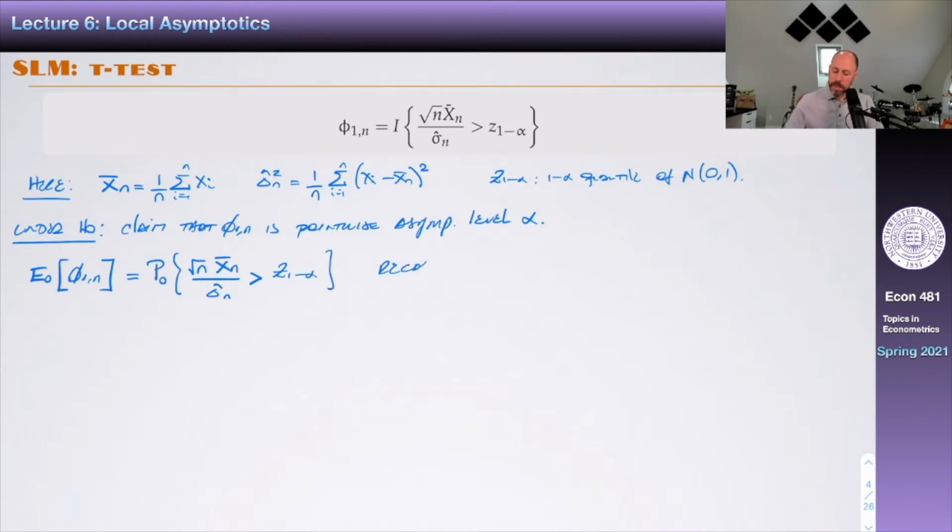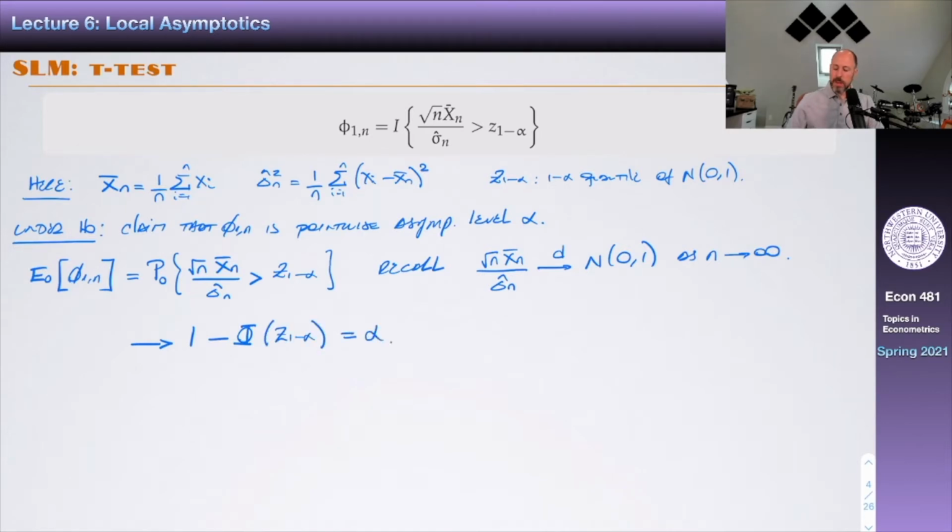And then we recall here that since we have an IID sequence of random variables with finite second moments, we have this convergence in distribution to a normal 0, 1 as n goes to infinity. So this converges to 1 minus the CDF of the normal at z1 minus alpha, which is equal to alpha.